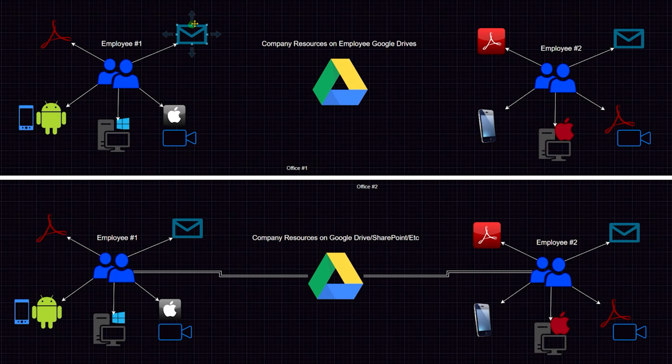Hopefully the content came from whoever it's supposed to come from. They'll pull that content out, throw it in one of the Apple products, get to editing that video, and then they'll jump on their Android and text that all the way over to employee number two. Employee number two is going to have to hope that he can open whatever's been sent to him in his particular software, so on and so forth, and then they'll package that up, send it all the way to management, and then hopefully that will get approved.